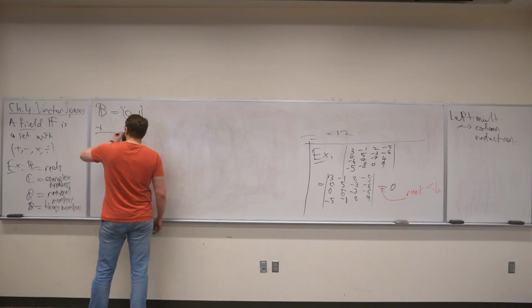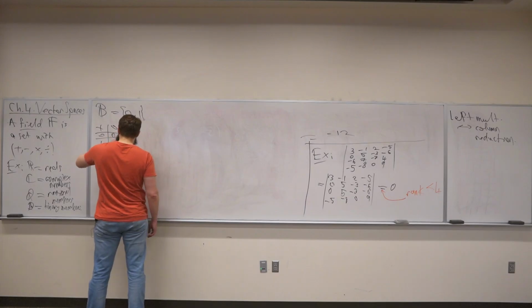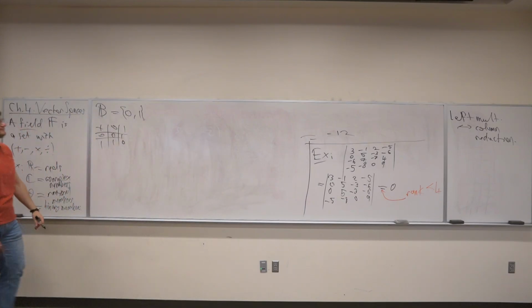How does addition work? Well, works like this. 1, 0. The only difference, of course, is that when you add 1 to 1, in this world, 1 plus 1 equals 0.